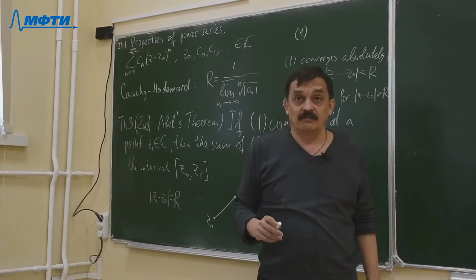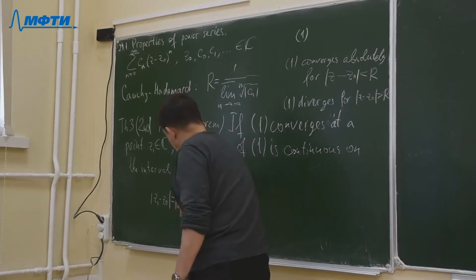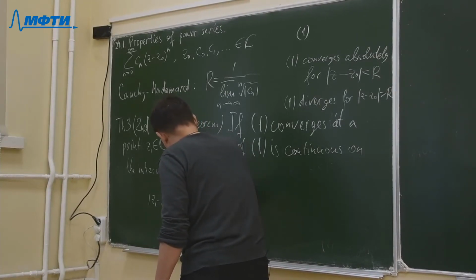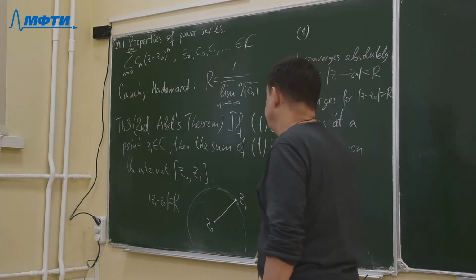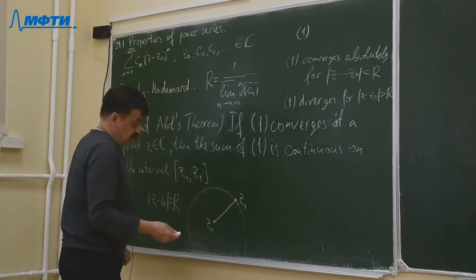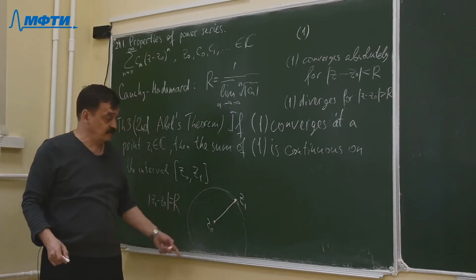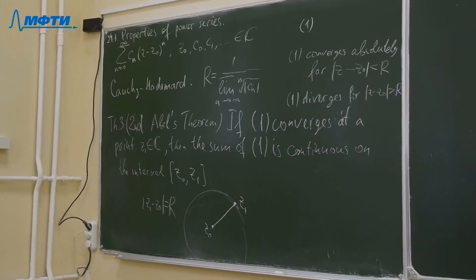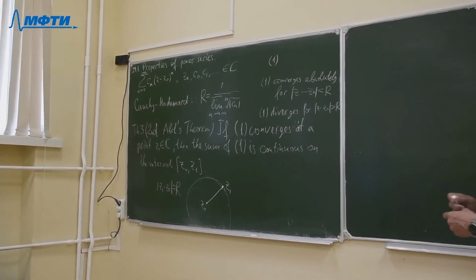But if Z1 is a point on the circle of convergence, then the assertion is not trivial, I would say. It is an important assertion, and it doesn't follow from other properties.